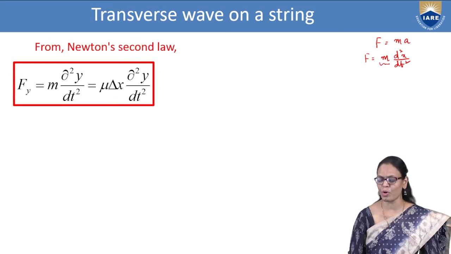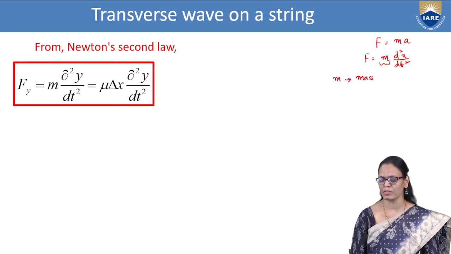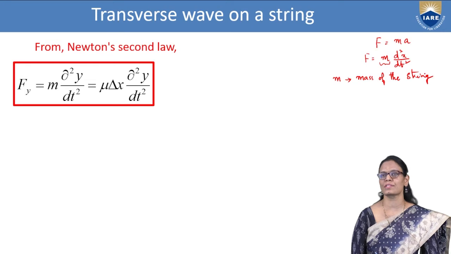Here, small m denotes the mass of the string, if you consider the total mass of the string. But here we are only considering a small element Δx, the small element of mass under consideration.